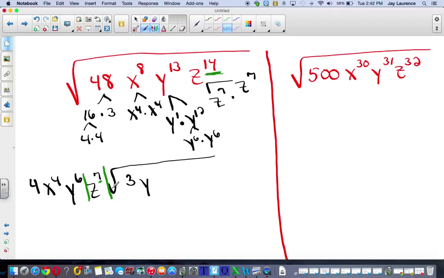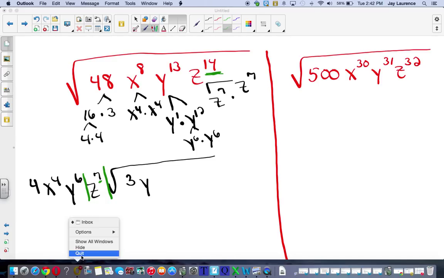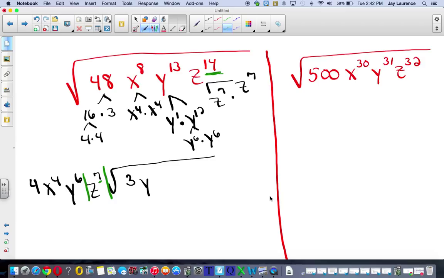We need the absolute value. And there's your answer. I've got a really long radical here, and I don't need it to be that long. So if I want, I can shorten it up. And my answer is this.